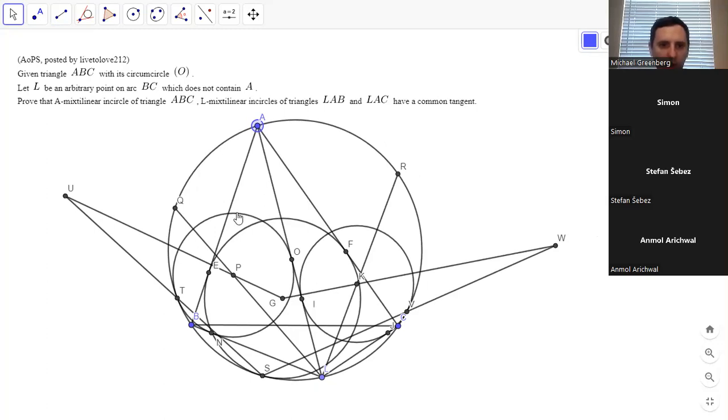We know that U lies on... do we know that U is the x-similicenter, or do we just know it lies on it?